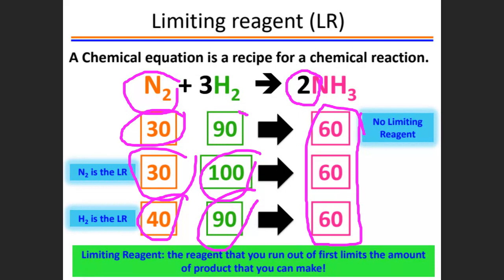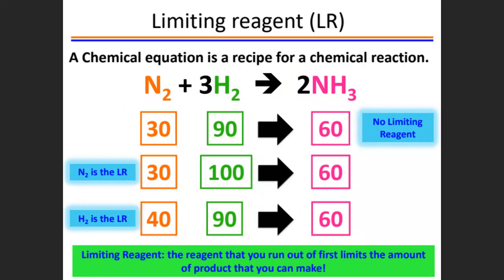Similarly, look here. Let's first delete the annotations. We have increased a little bit of nitrogen, but we keep the same amount of hydrogen. It also doesn't make sense, because if you have excess nitrogen but not excess hydrogen, you cannot make more product, because the ratio between nitrogen and hydrogen is 1:3.